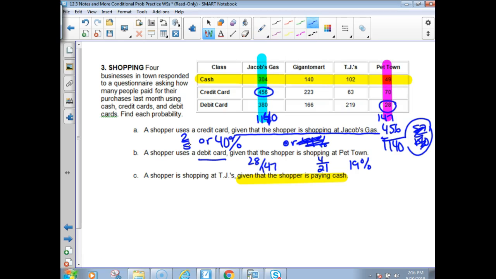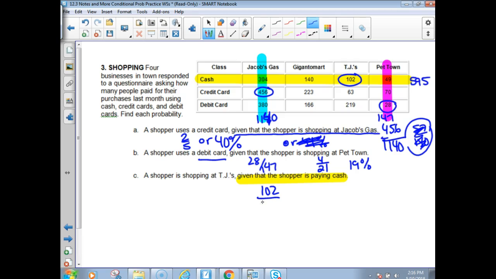Anyway, and you're shopping at TJ's. So 102 people shop at TJ's paying cash out of how many people paying cash in all? So we got to add all those up. Now, when I added that up, I got 595. Is that what you're getting? Okay.